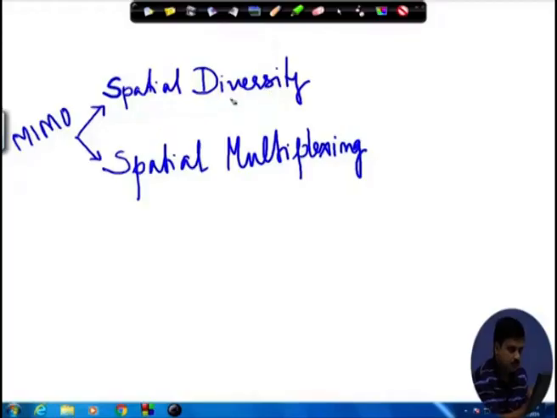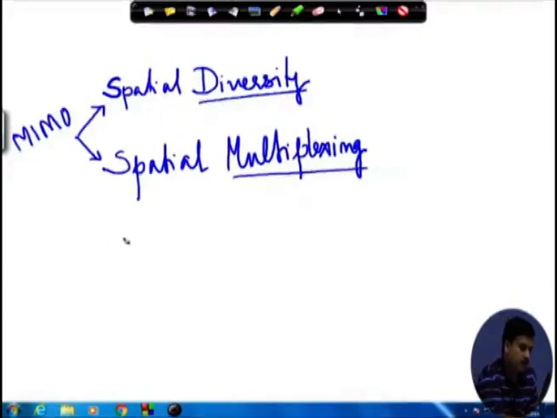So we will start our discussion with diversity, and then once we are complete with this, we will move on to multiplexing, and then we will have a discussion on the diversity multiplexing trade-off. That means, given a set of multiple antennas, how can we get diversity gain and multiplexing gain, or maybe part of one, part of the other, or simultaneously both.